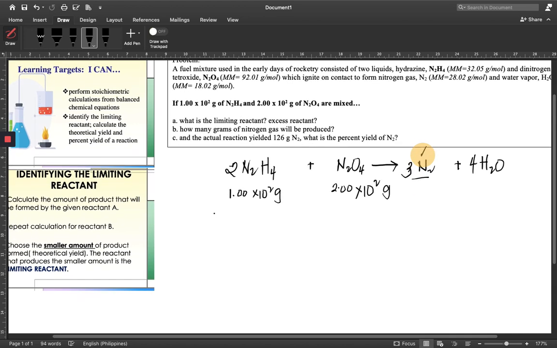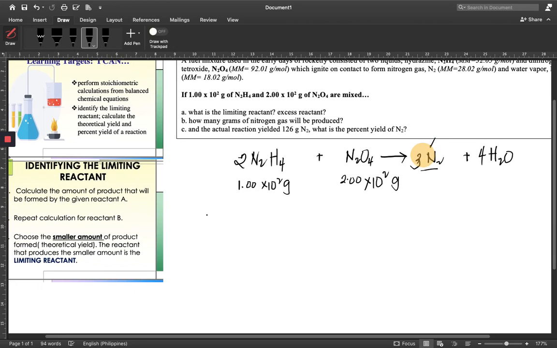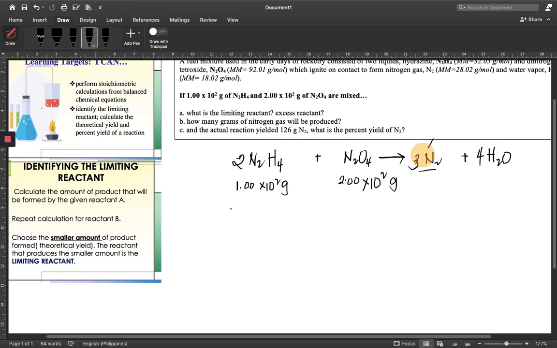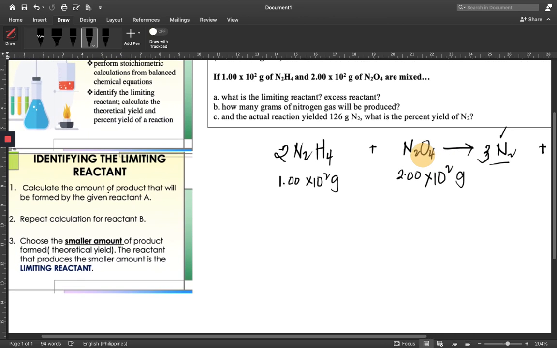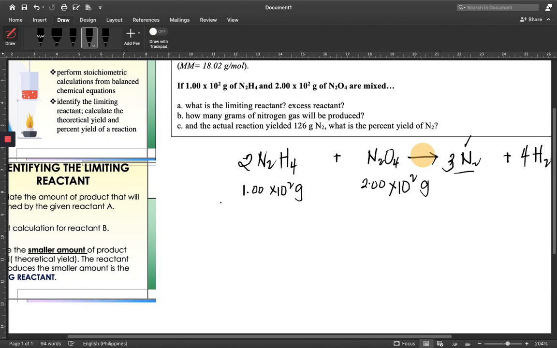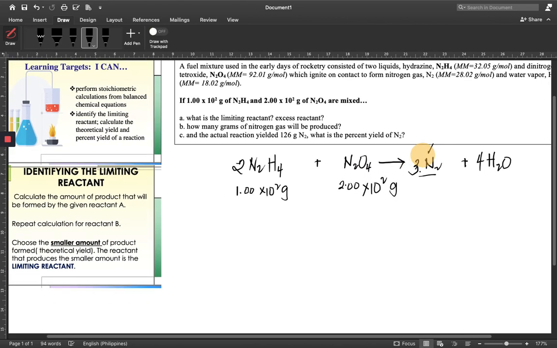And then how do we find the limiting reactant? So first step is for us to calculate here the amount of product that will be formed by a given reactant A. Alright, so now that we have chosen N2, because it's eventually in the problem, we have to calculate how many grams of N2 will be resulting from N2H4 and from N2O4.